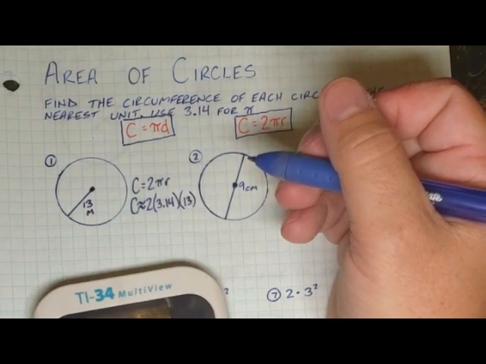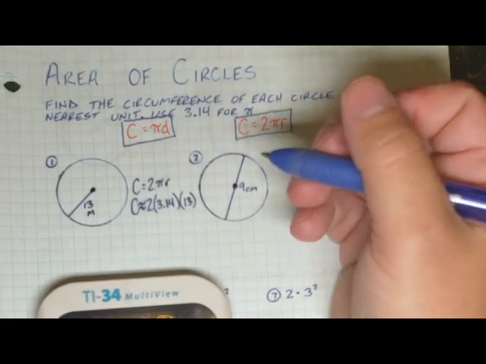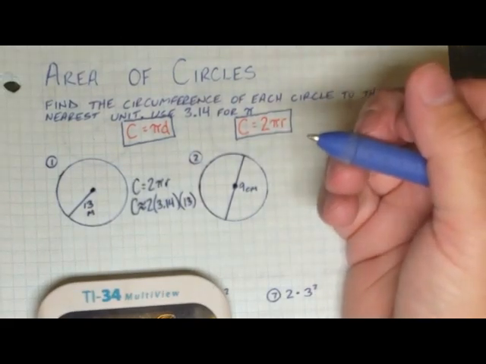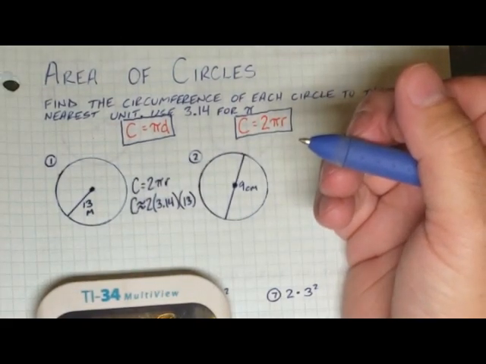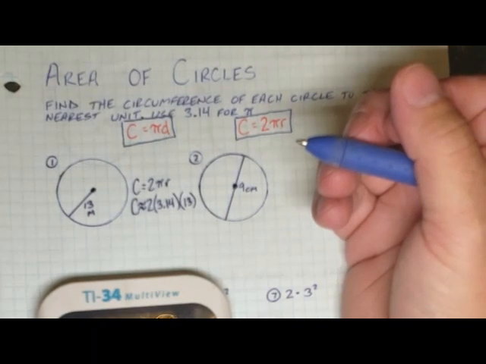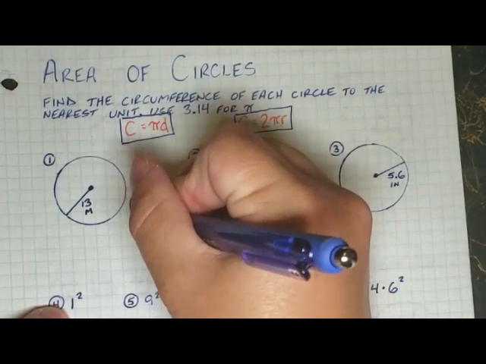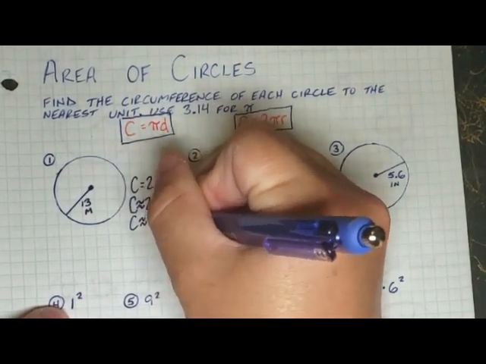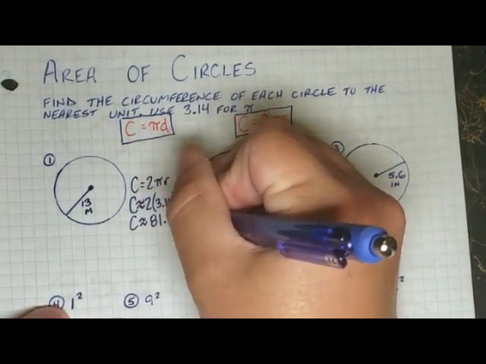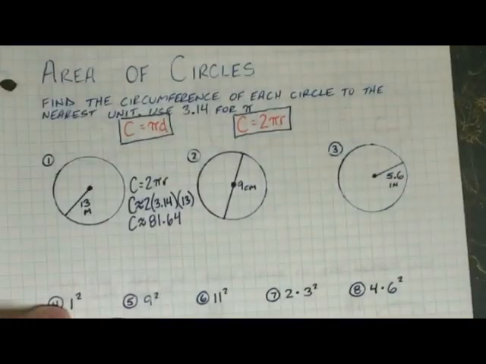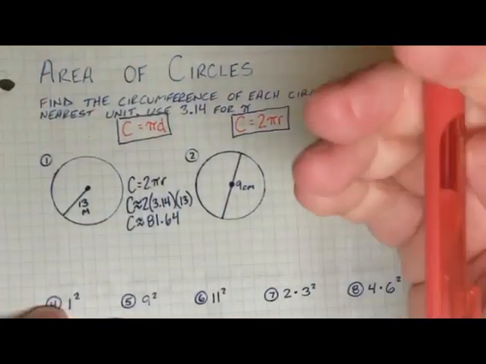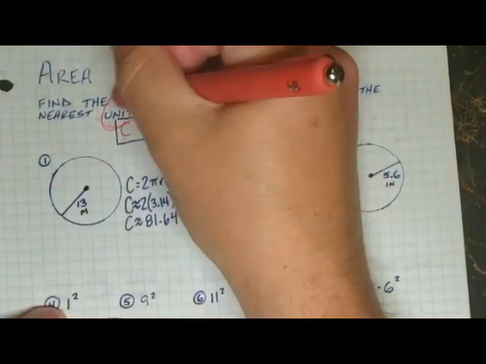Then I'm going to invite you to take out your calculator, and we are going to multiply 2 times 3.14 times 13 equals 81.64. And then I invite you to look back at the instructions where it specified that we were supposed to round to the nearest unit.